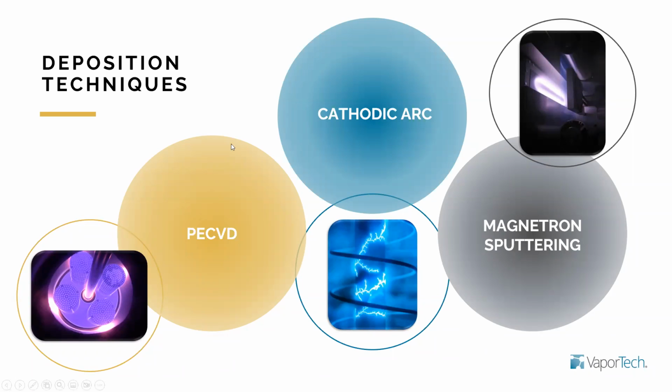On the other hand, PECVD, or plasma-enhanced chemical vapor deposition, is a process where the material that's being created on top of your part comes from a precursor that is either a gas or a liquid. So there are different processes to create these thin films or coatings that we're going to be talking about today.